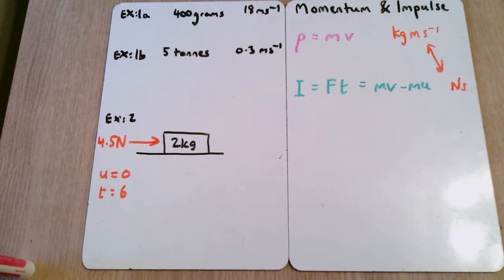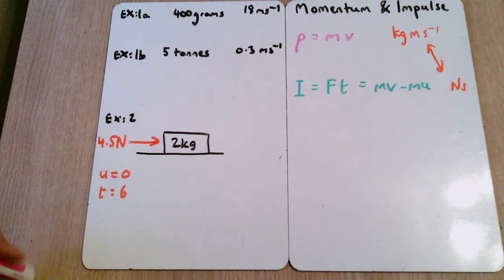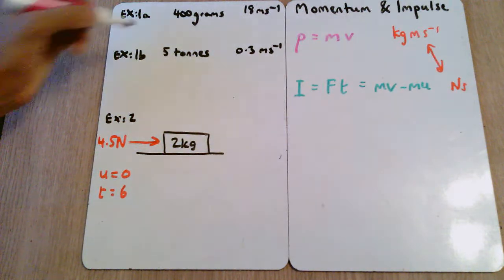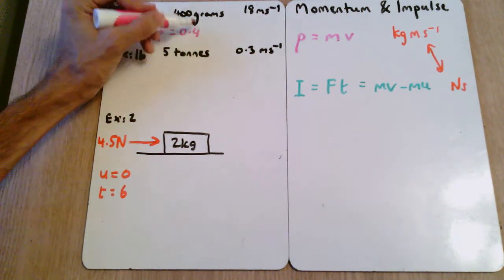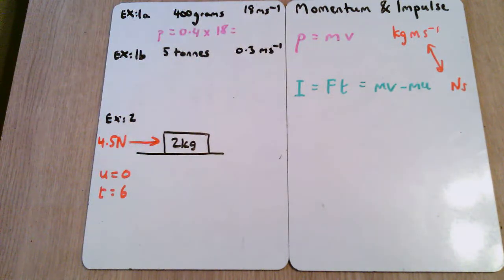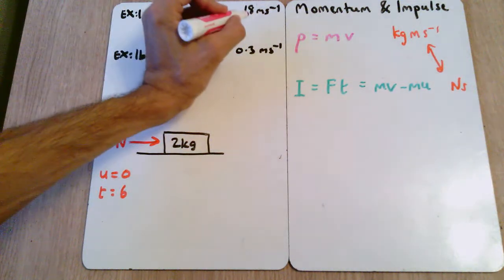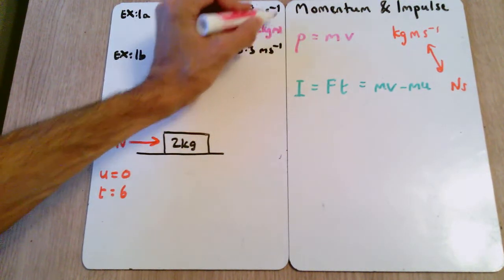So if we want to work out momentum here, we are just multiplying the mass and velocity. But the mass needs to be in kilograms, so we convert this to 0.4 times the velocity, which is 18. And when you multiply those values together, you get a value of 7.2 kilogram meters per second.